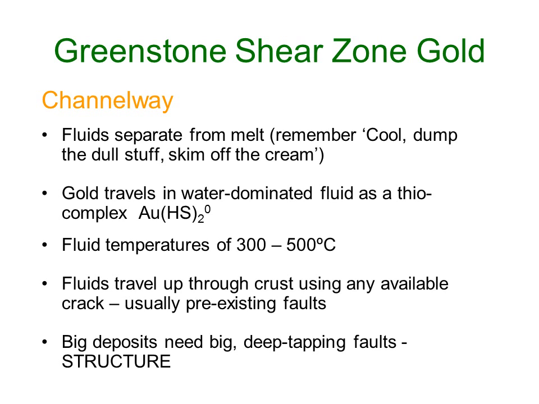In the case of these shear zone hosted gold deposits, the gold is transported dominantly as a thiocomplex with the sulfur. As a thiocomplex, the gold can be carried at a concentration of as much as 10 parts per million.